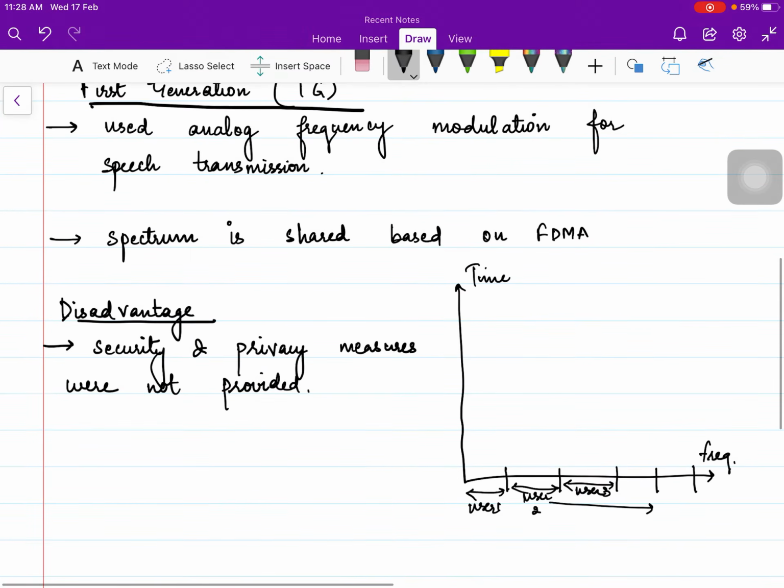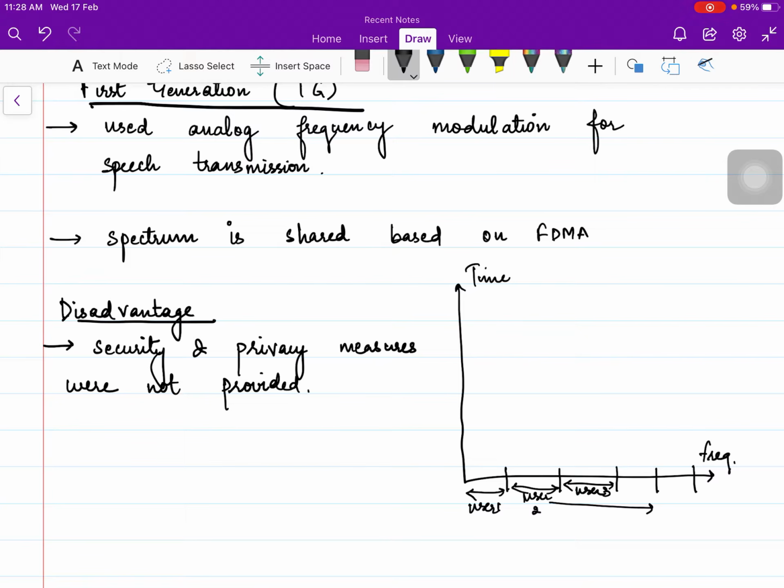Just look at the right hand side diagram. If user 2 wants to listen to the conversation of user 1, or the signal it is sending, it can tune to the frequency of user 1. So with analog modulation in the first generation, you don't have any security and privacy measures.